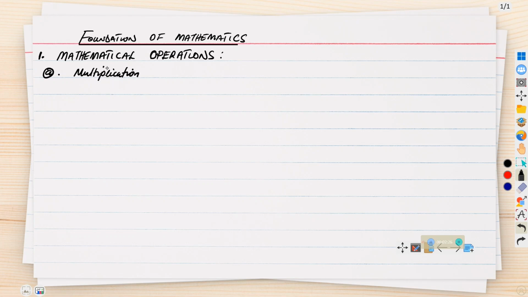Multiplication is a mathematical operation whose symbol is like this. Then B, we have division. Division is a mathematical operation whose symbol is like this.